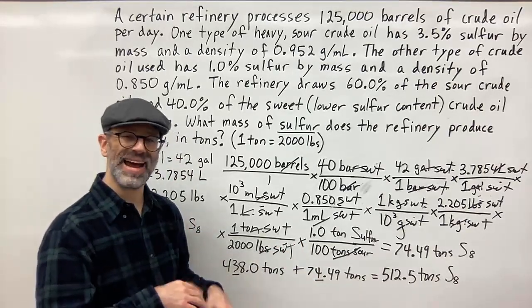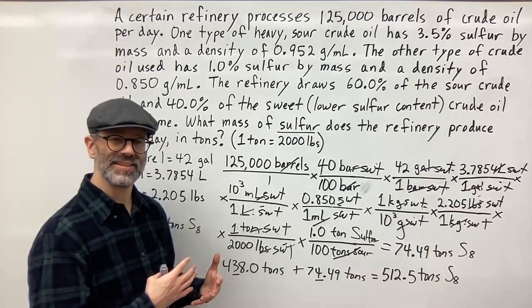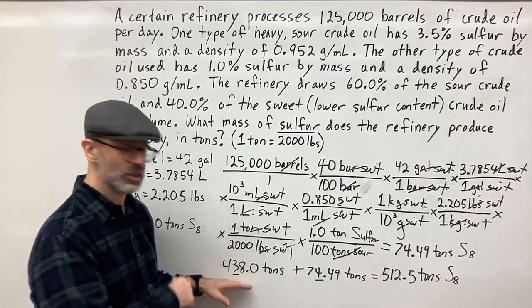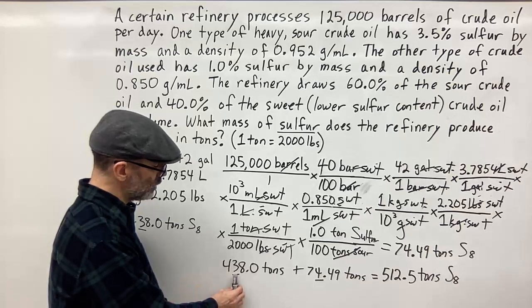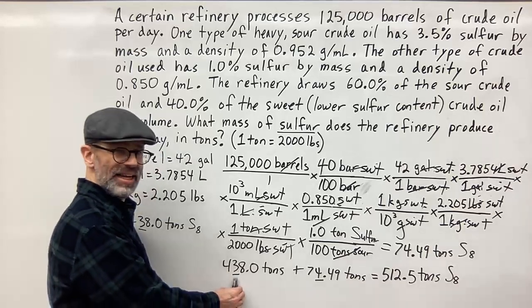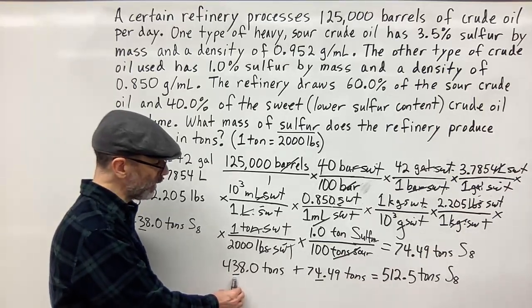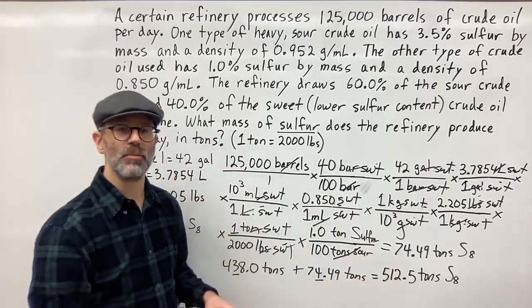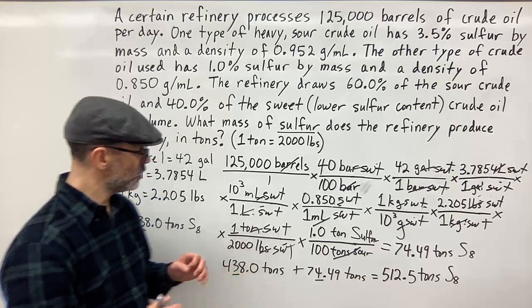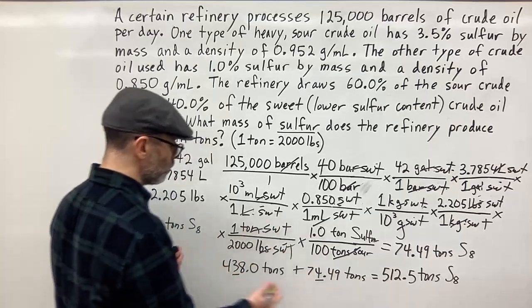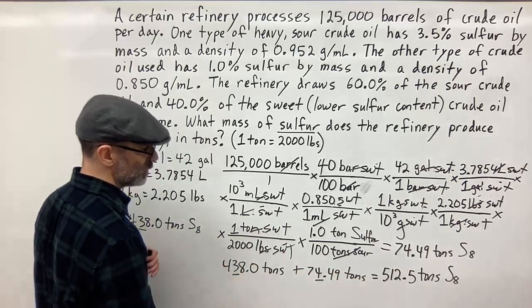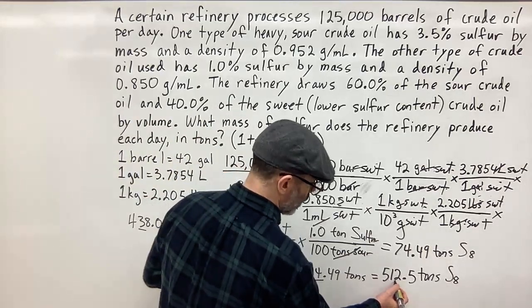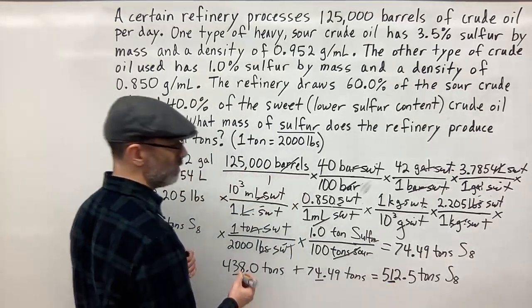Your answer cannot be more precise than the least precise measurement here. So since your last digit ends here at the tens place, your answer should not be any more precise than the tens place. So here, we got to stop at the tens place. So we got our last digit of significance here.